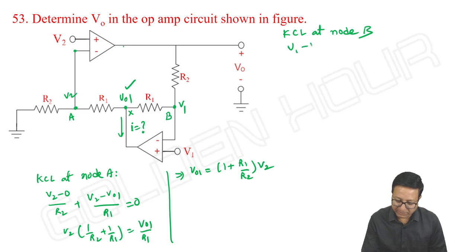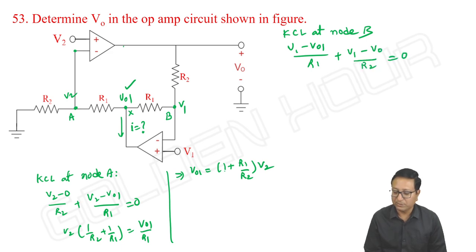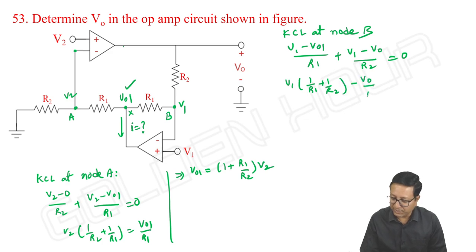Then it is (V1 minus VO1) by R1 plus (V1 minus V output) by R2 is equal to 0. So it is V1 into (1 by R1 plus 1 by R2) minus VO1 by R1 is equal to V output by R2. V1 is known. And VO1, sorry, it is VO1 by R1.